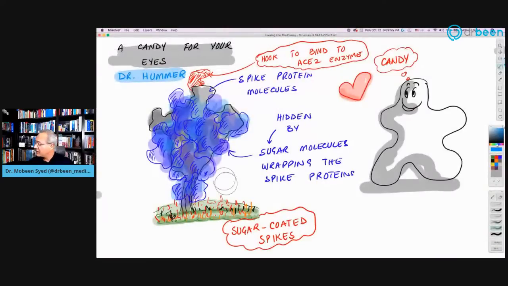So then what happens is, if you look at this diagram here, we have this bluish blob. And to explain that bluish blob, I'm going to bring the camera back to myself. So imagine if I am the spike protein. And imagine this is a candy, the cotton candy.